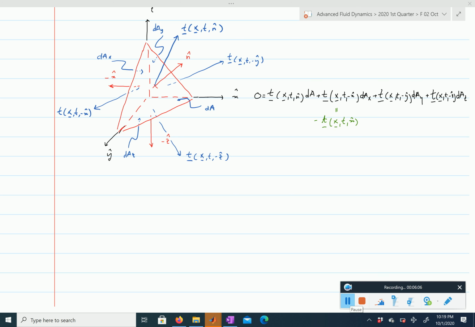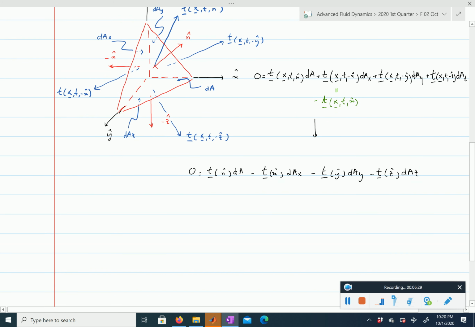So I can rewrite this expression and write that 0 is equal to the stress vector on surface n, I'm omitting now the x and the t just for simplicity, minus the stress vector on the surface of vector x, dAx, and the 2 other terms corresponding to the 2 other surfaces.